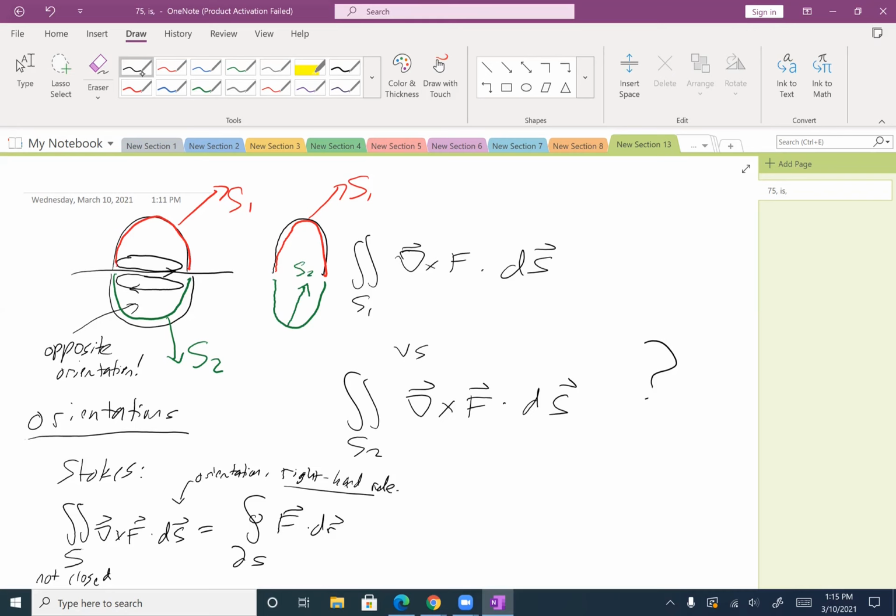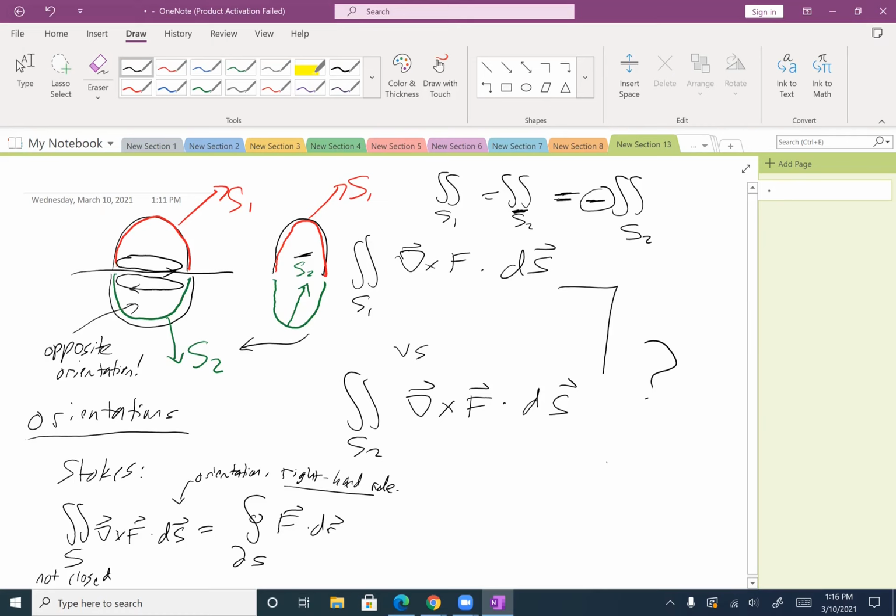In this case, as long as these surfaces have the same orientation, the S1 integral is equal to the S2 integral. I'm going to put a bar here, just to indicate that's the different orientation. And so to convert it to this N1, we just add a minus sign. Notice I put no bar here. So really these things are equal but opposite. These things have the opposite sign.